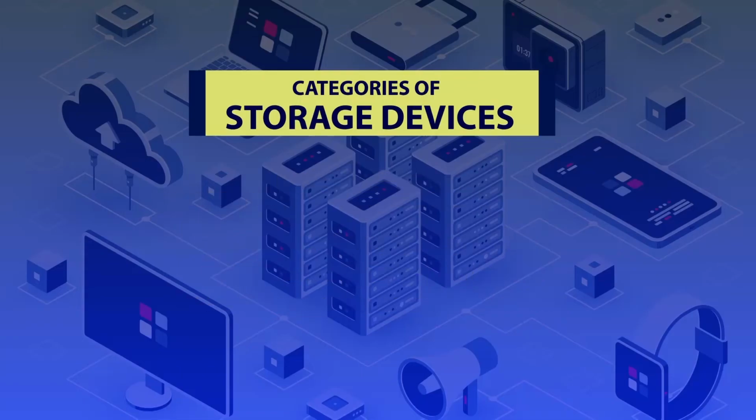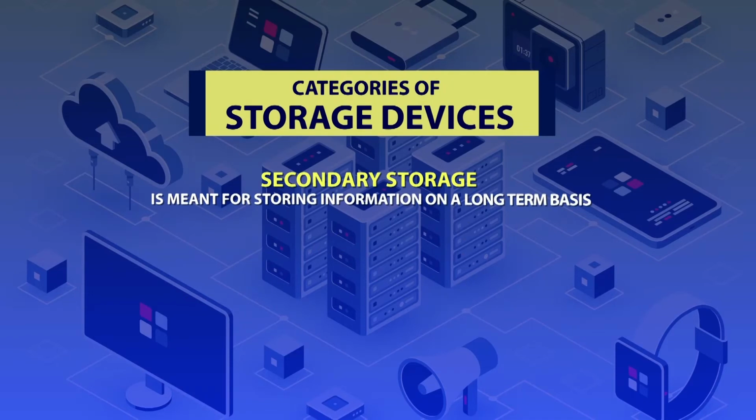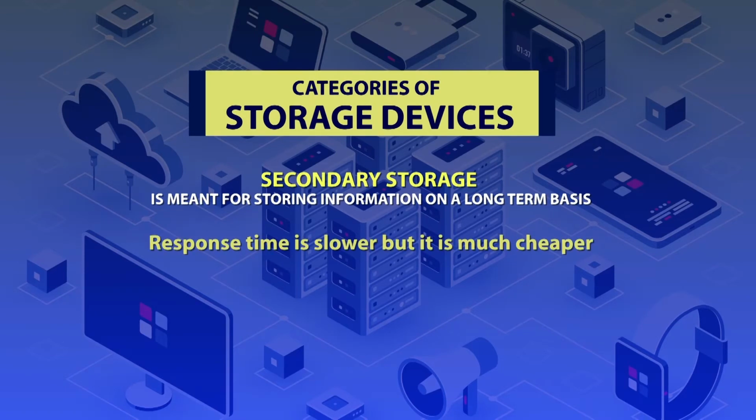In this session, we are going to take a more detailed look at what we call secondary storage. Secondary storage is that which is used for storing information on a long-term basis, and this is information that will stay with us for months, years, or maybe more. Such storage typically has a response time which is slower than that of the main or memory or primary storage of a computer, but it is much cheaper.